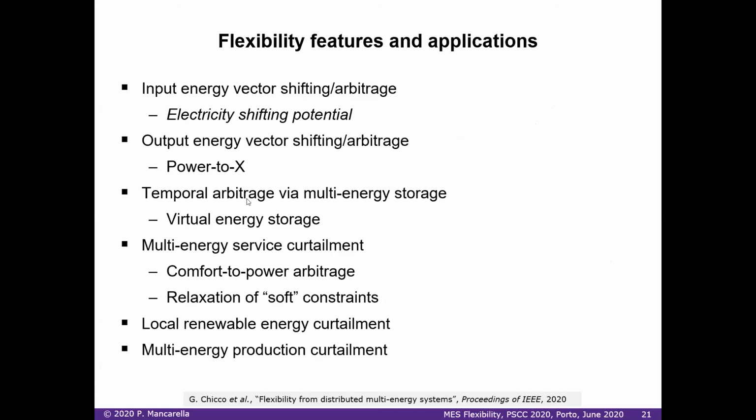This is associated to the concept of virtual energy storage, which many of us are familiar with. And then there are ideas about multi-energy service curtailment, for example, linking to comfort to power arbitrage, which I will show you in a second, relaxation of soft constraints, and then other aspects that are related to local curtailment, which I will skip for brevity.